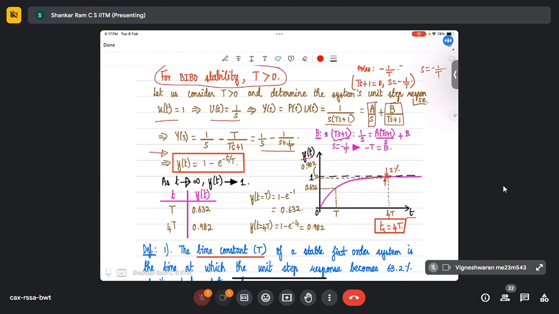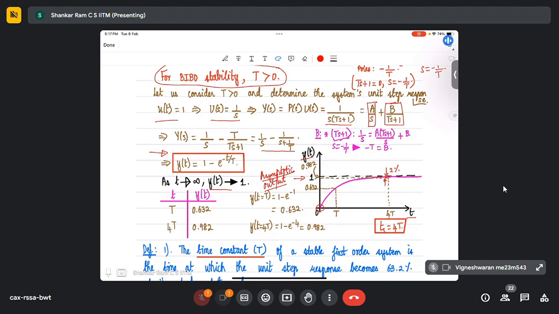The first observation is that at t equals 0, we start from y equals 0, and as t tends to infinity, y of t goes to 1. This is the asymptotic value. So 1 becomes what is called the asymptotic output of the stable first order system which we have considered.